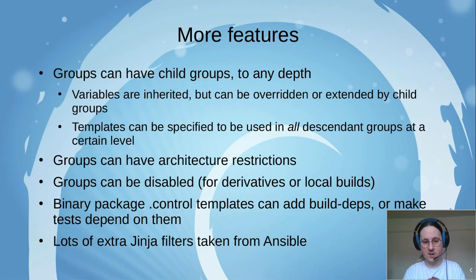There's also a way of specifying that a binary package will be a dependency for tests if it's built. Again, that will be moved to the tests dependencies with architecture qualification. And I've added, as well as the default filters available as part of Jinja, lots of extra filters copied from Ansible that I thought could be useful in this context as well.